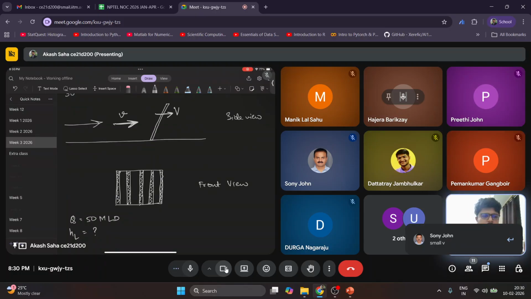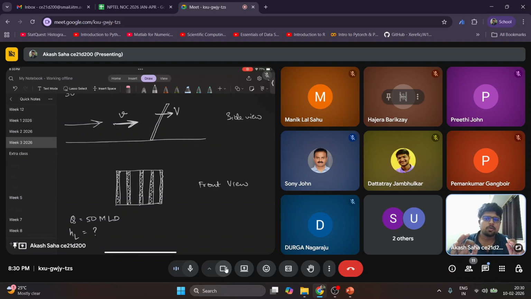Always remember, mass conservation comes into the picture here. The same amount of fluid should flow through a particular area, right?